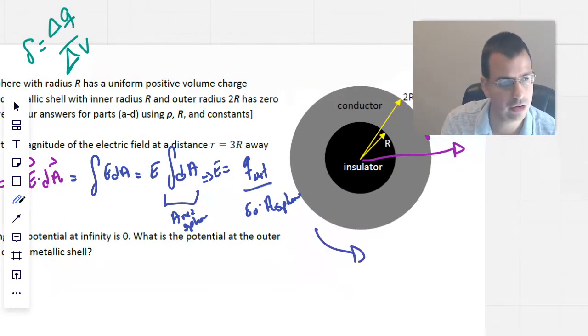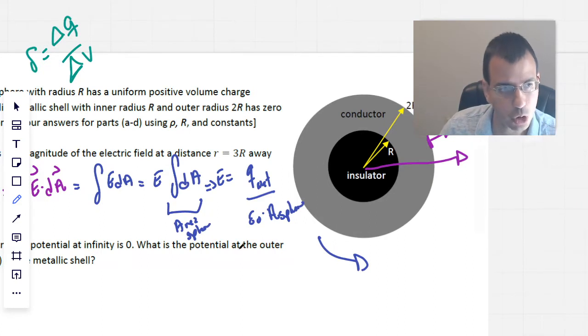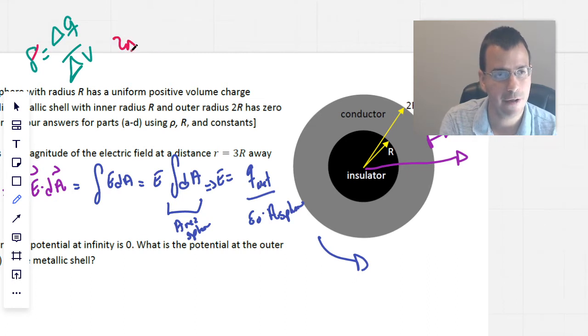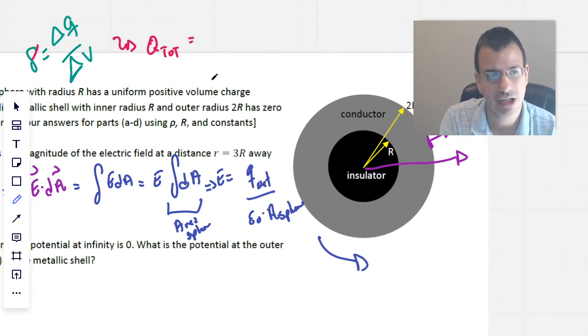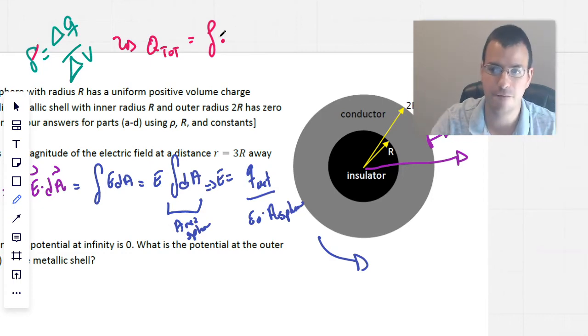All right, so this is our formula that we're going to use. Move this down here real quick. I know, running out of space. So for Q net, we know the charge density of our inner sphere is rho, which is charge for a small bit of volume. Therefore, Q total, which in this case is going to be Q net, is the charge per unit volume times the total amount of volume.